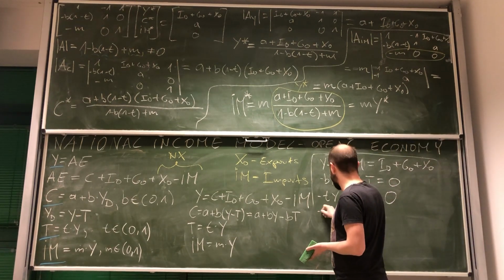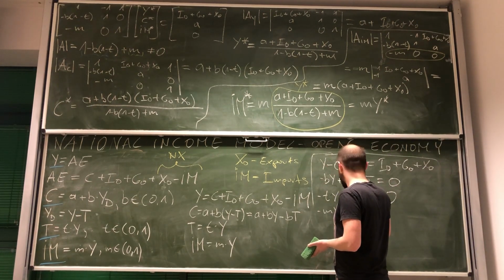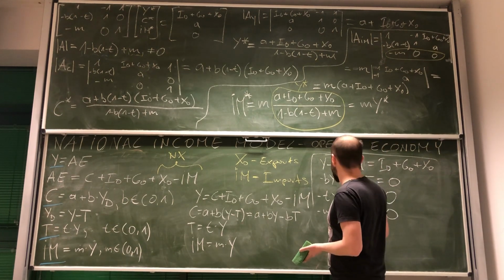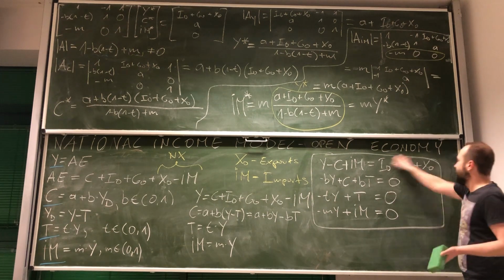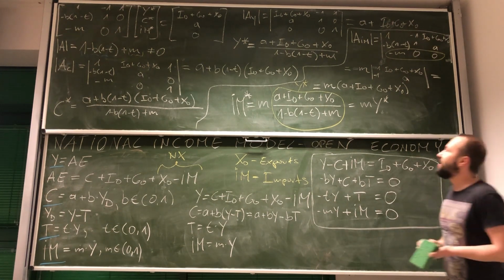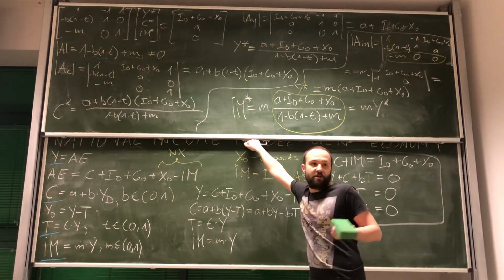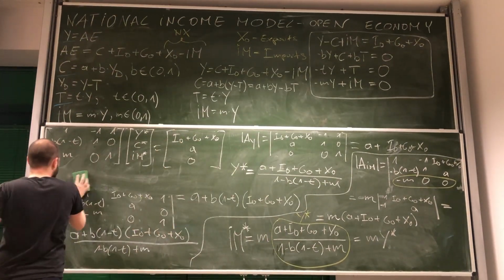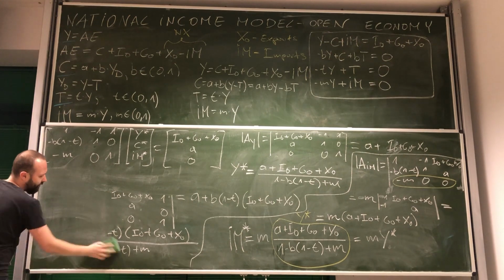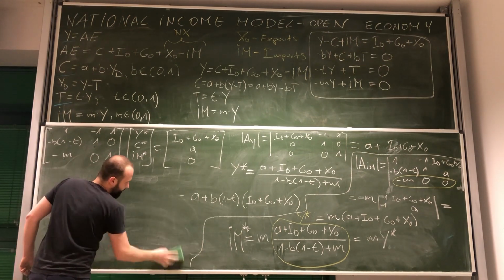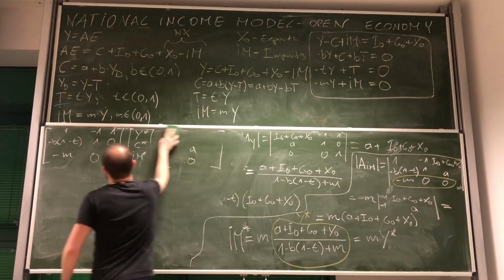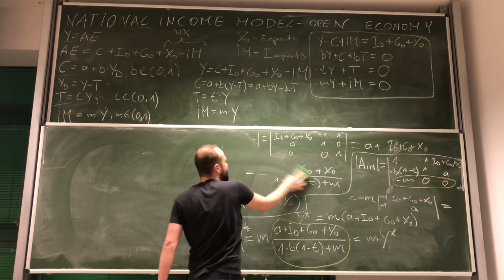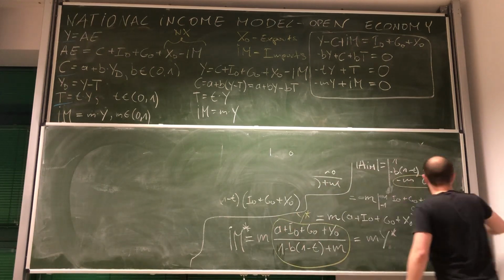And we will have finally negative my plus I m equal to 0. And now, based on this, we can build a new matrix form of this model. Okay, so let me start by erasing the blackboard, and then I'm going to move to the solutions.